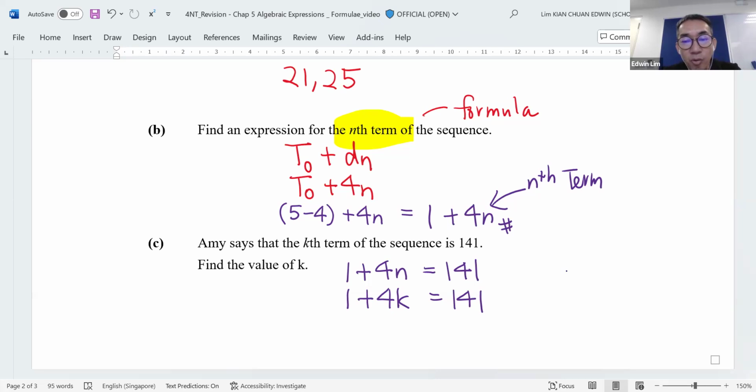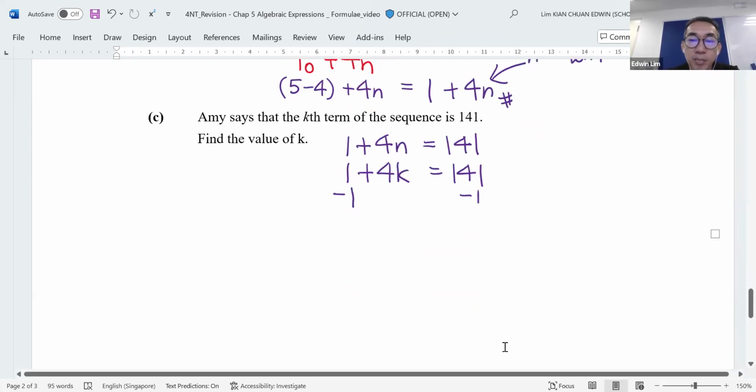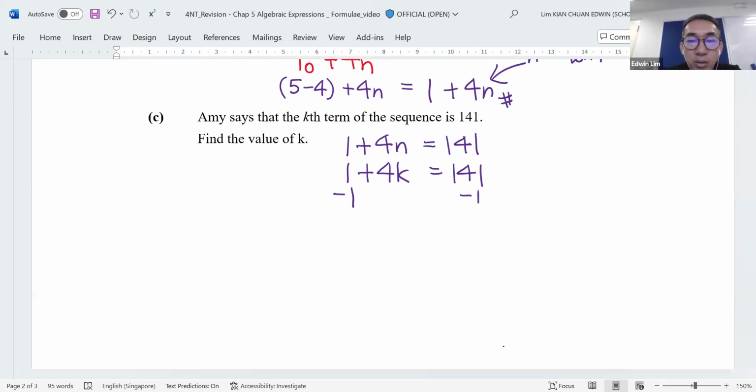Keep it at the left hand side. So 4k is already at the left hand side. Keep it there. So we want to get rid of 1. How do I get rid of 1? I can actually minus 1. Can you see that? If I minus 1, what is left? 1 minus 1 is 0. I am left with 4k equals 141 minus 1.